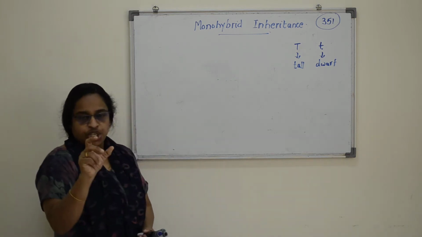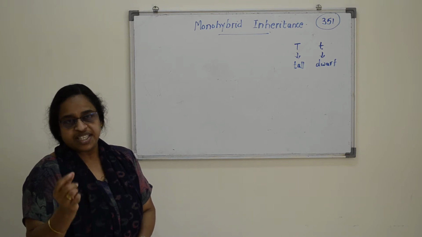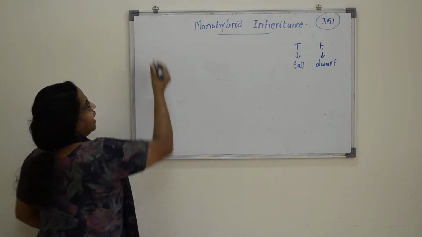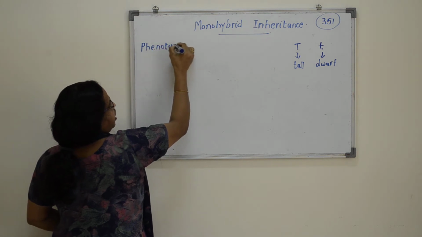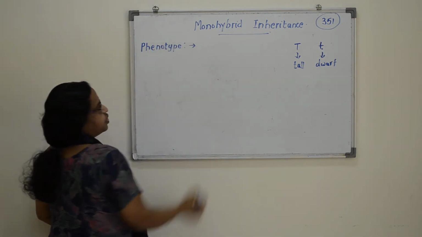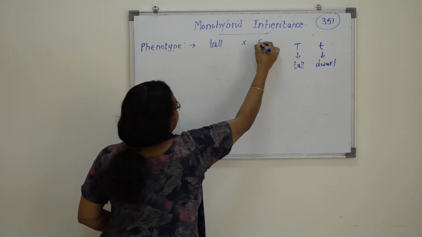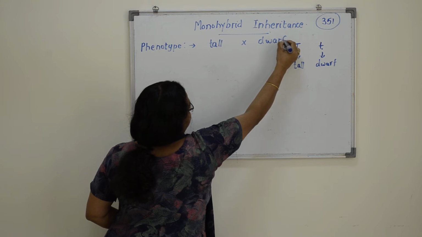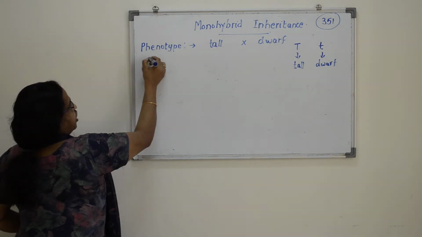So he selected two plants. One is homozygous tall. So there is a way to write this. First we have to write the phenotype of the plants. So he selected one tall plant and one dwarf plant. Okay. And the genotype.